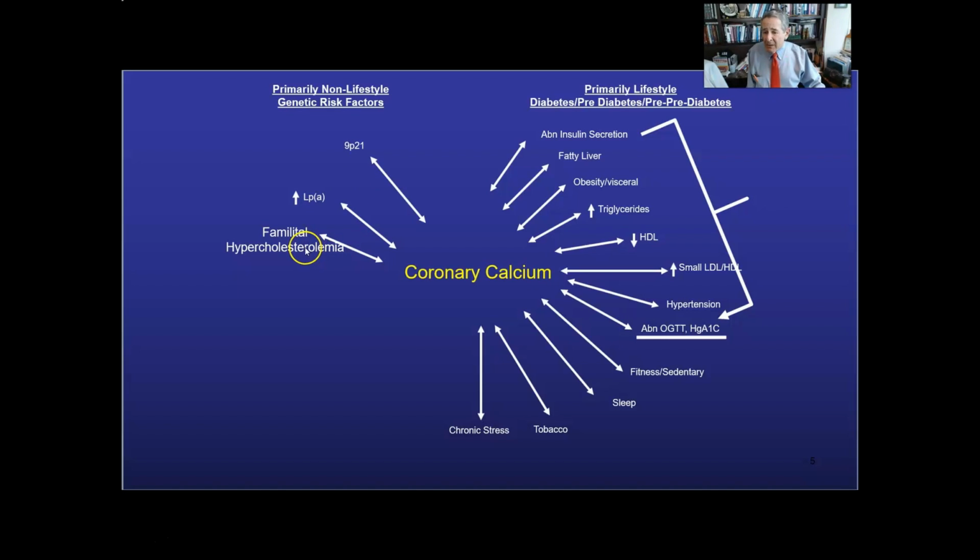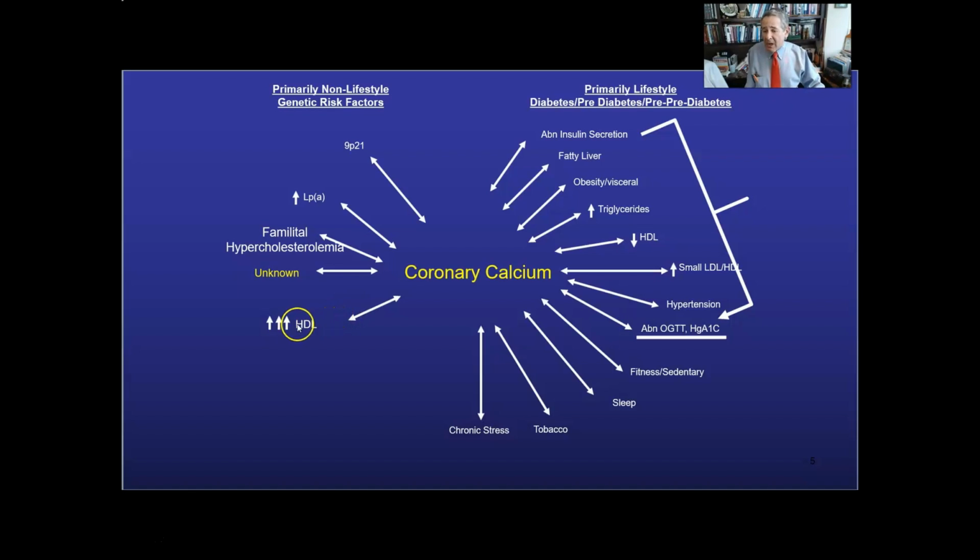Familial hypercholesterolemia can certainly cause high plaque burden, but not everybody with a cholesterol over 300 has it. There are many unknown causes still, although what we found is there aren't too many patients where we don't have a clue what's going on.